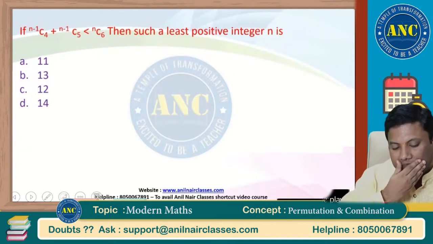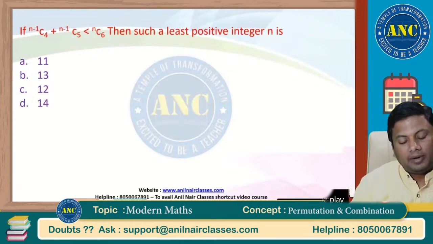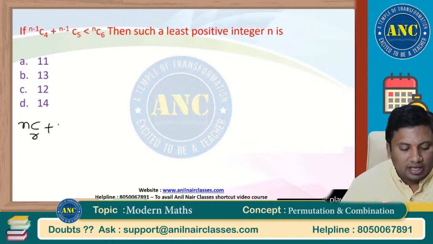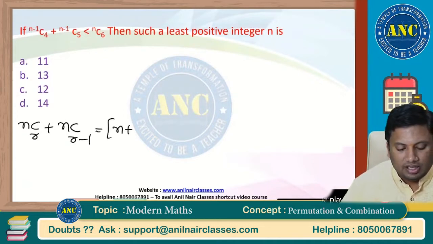If n minus 1 C4 plus n minus 1 C5 is less than nC6. What is the concept we discussed? nCr plus nCr minus 1 is nothing but n plus 1 Cr.